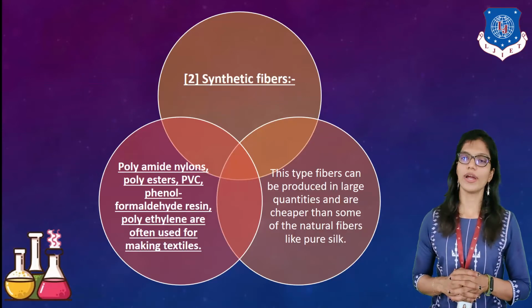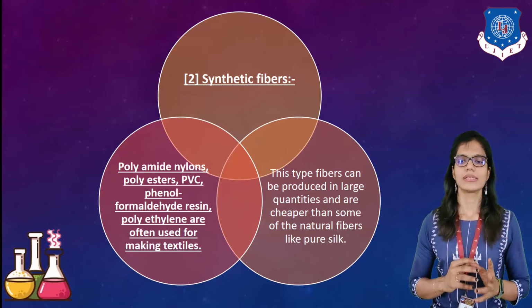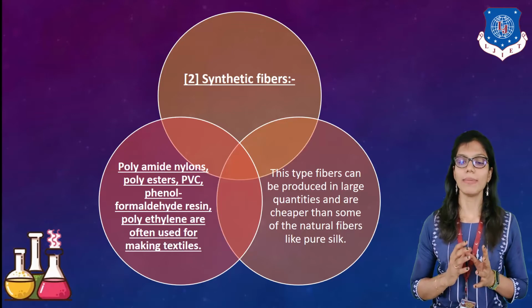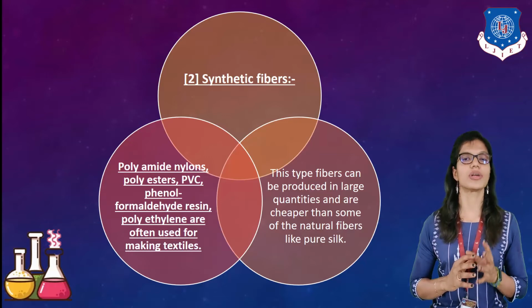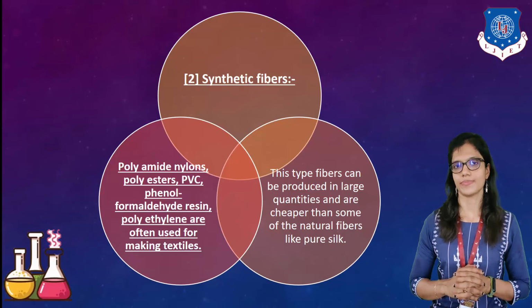Now let's move ahead to the next one, which is synthetic fiber. Synthetic fibers are the type of fibers that can be produced in large quantities and are cheaper than some of the natural fibers like pure silk.